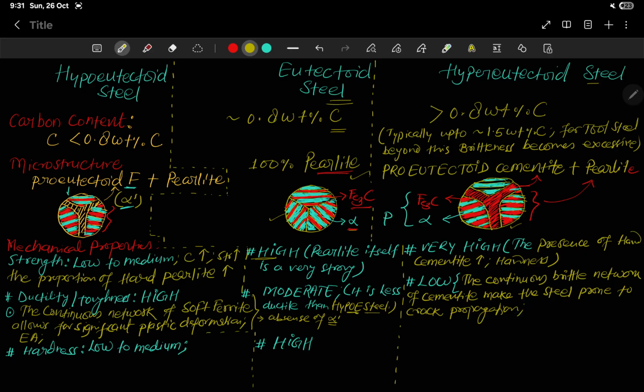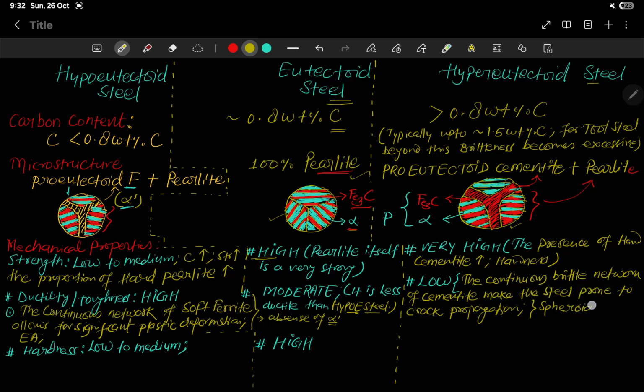So for this reason, these hypereutectoid steels are often heat treated to spheroidize the cementite, and which improves the toughness. We will explore this section in later classes.